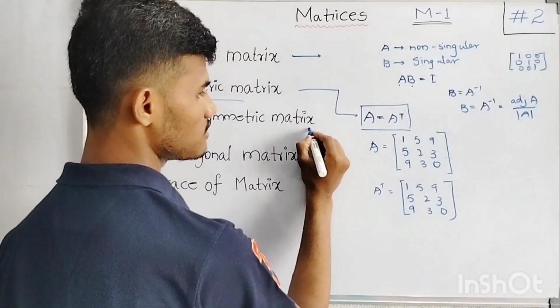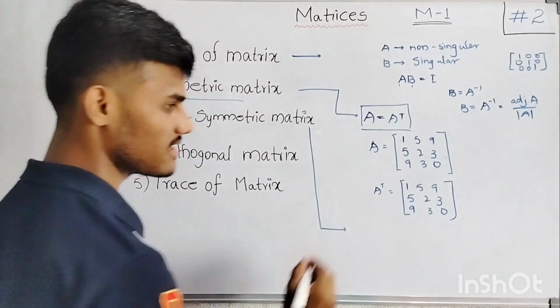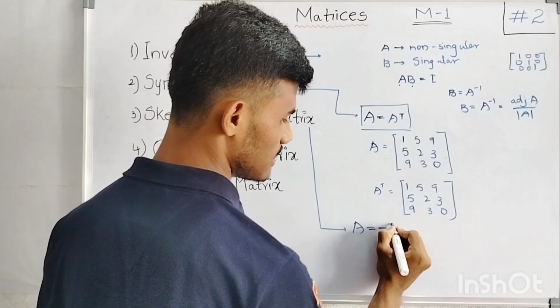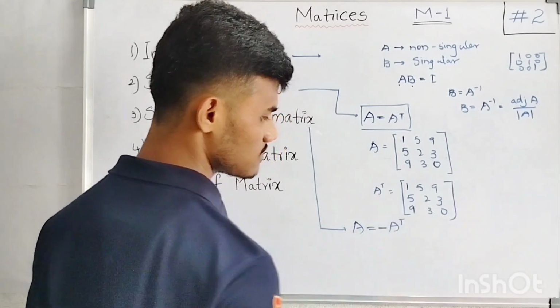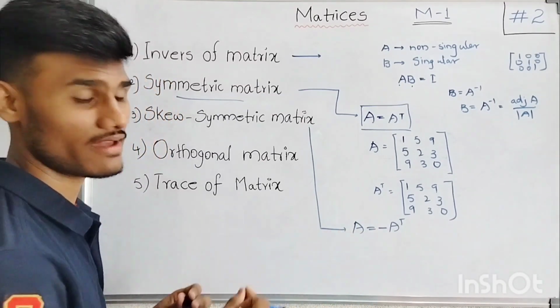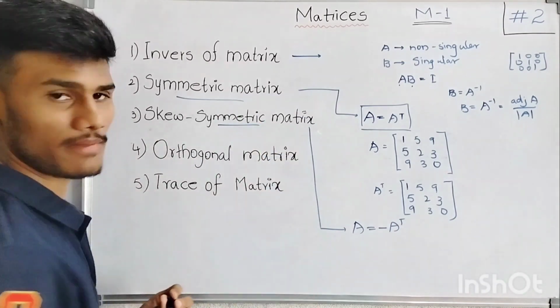Okay, now coming to skew symmetric matrix. What is meant by a skew symmetric matrix? When A is equal to minus of A transpose. When a matrix A satisfies this condition, then A is said to be a skew symmetric matrix.